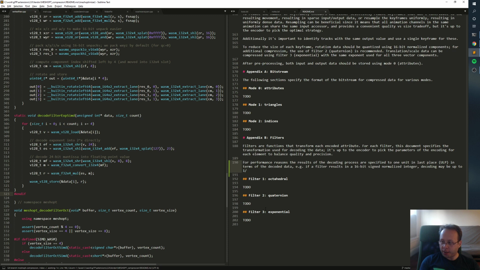Decoding may produce results within the specified range.